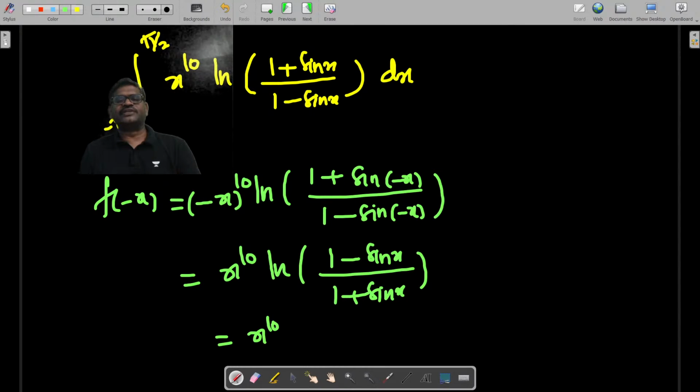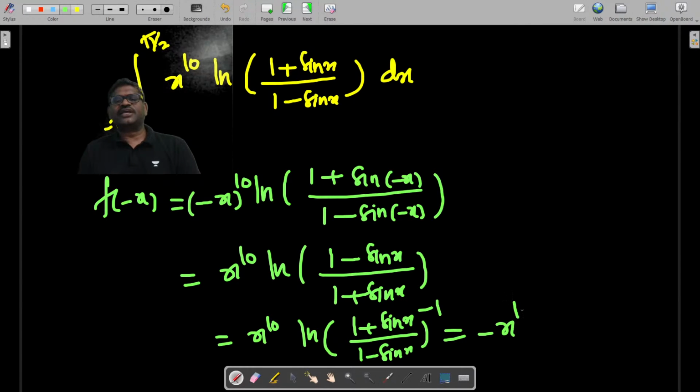This can be written as x power 10 into log of (1 plus sin x by 1 minus sin x) whole inverse, that is minus x power 10 log (1 plus sin x) by (1 minus sin x).